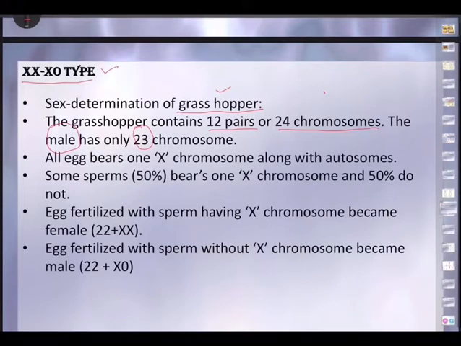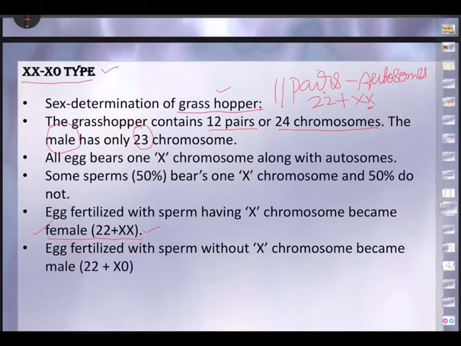The male has only 23 chromosomes, which means compared to the female it has 1 chromosome less. So out of 12 pairs, 11 pairs will be autosomes, that is, body characteristics will be decided by these 11 pairs. So 11 pairs means 22 autosomes, right?